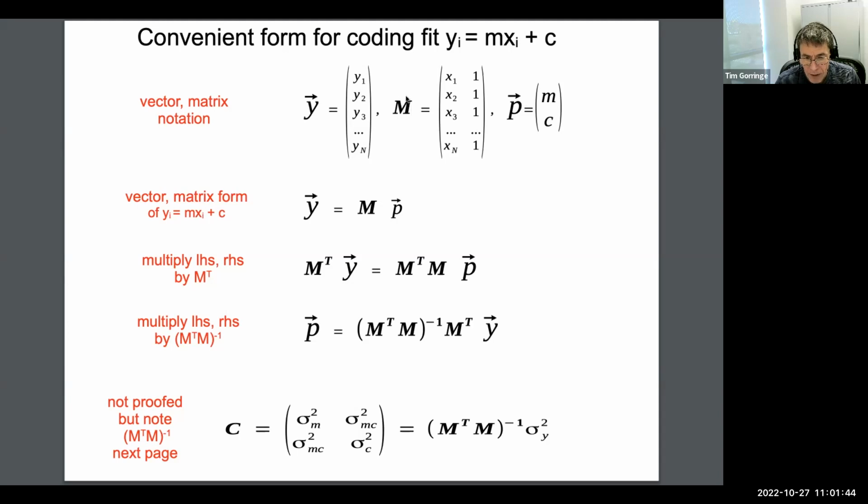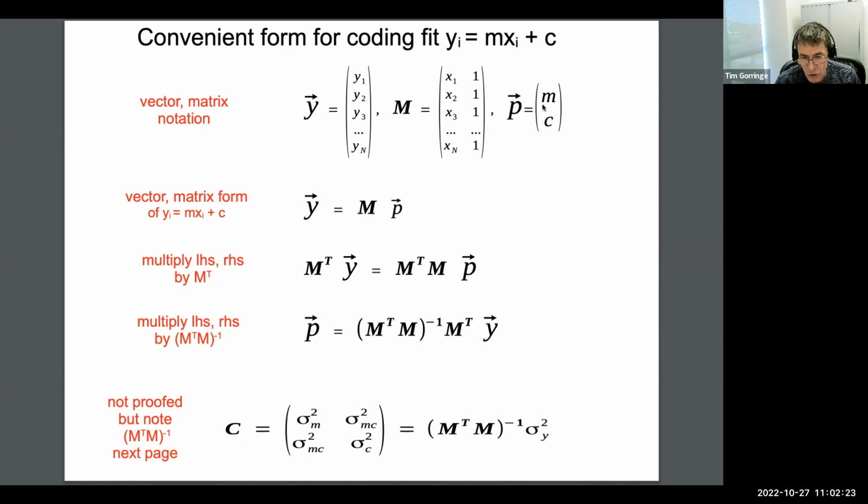M is a matrix. It is a two-column matrix. The first column in the matrix is the independent variable, so x1, x2 through to xn. And the second column in the matrix is just an equal number of ones. So that's the matrix M. And then finally, the vector P is just a two-element vector.